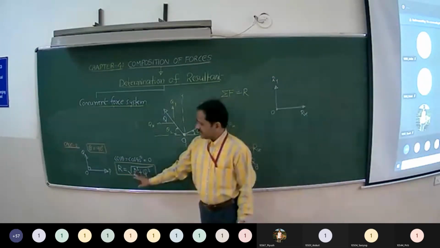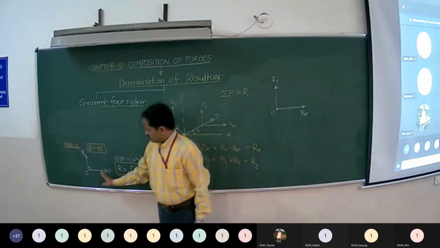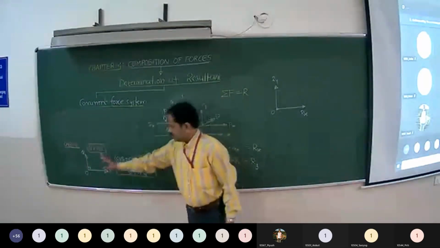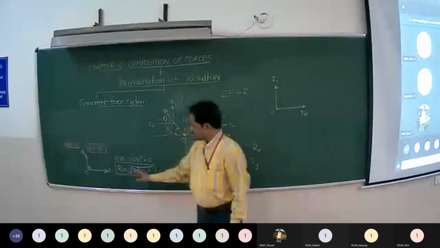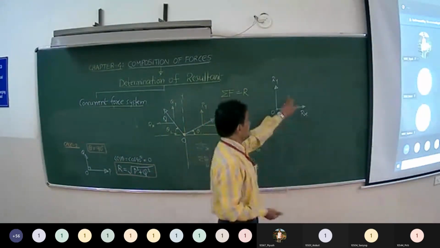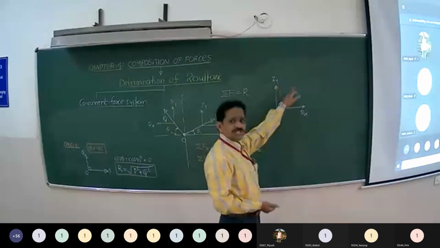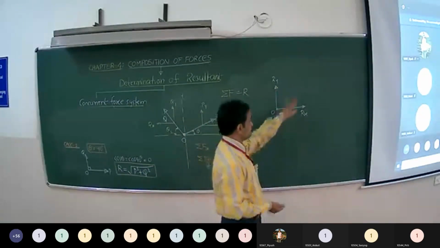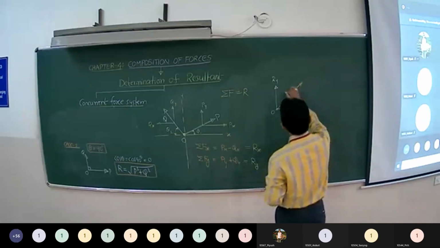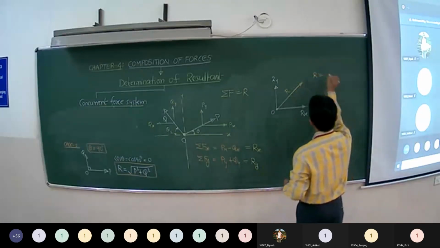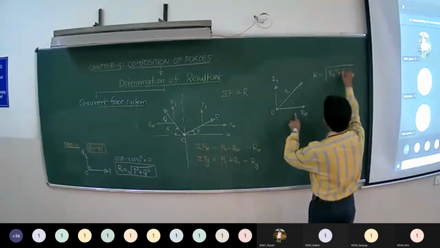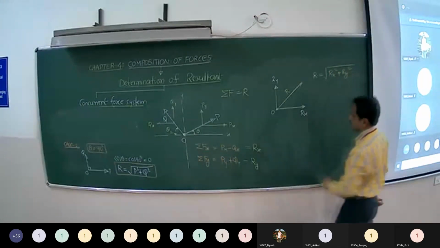Now say in the second case, when the forces P and Q are acting perpendicular to each other, the resultant of those two forces we can find as square root of P square plus Q square. Similarly, here this Rx and Ry are the components of R. So to find out the resultant, R is equal to square root of Rx square plus Ry square.